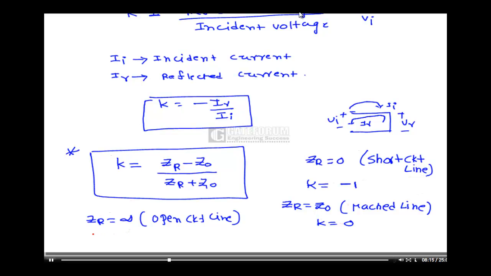Therefore K is equal to, taking ZR common, 1 minus Z0 by ZR divided by 1 plus Z0 by ZR. ZR cancels. Put ZR equal to infinity, so this term cancels. The remaining thing is 1.